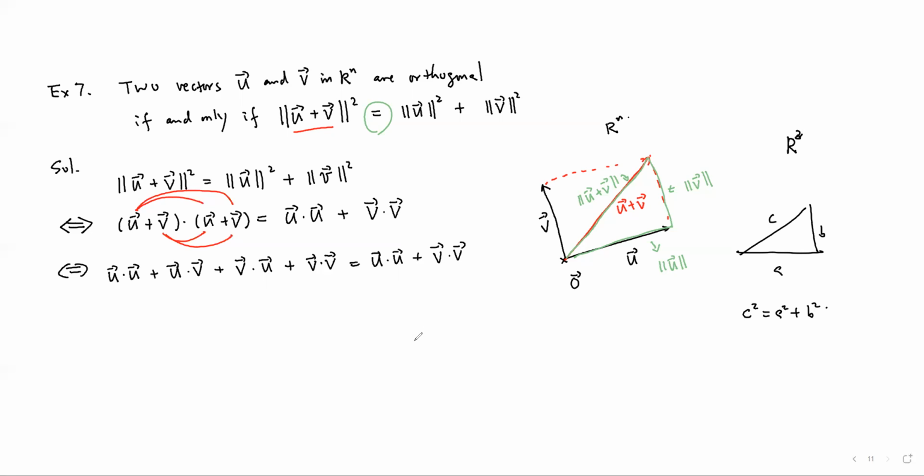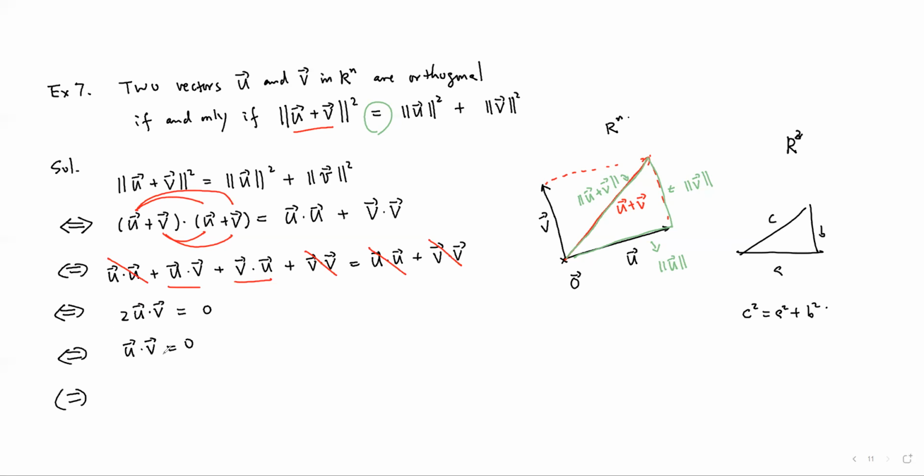Inner product is a number, so let me cancel numbers. U dot U cancels, V dot V cancels. U dot V and V dot U are the same number. So we have 2 U dot V equal to 0, because the right side is 0. So if and only if U dot V is 0, moving the number 2 to the right side.